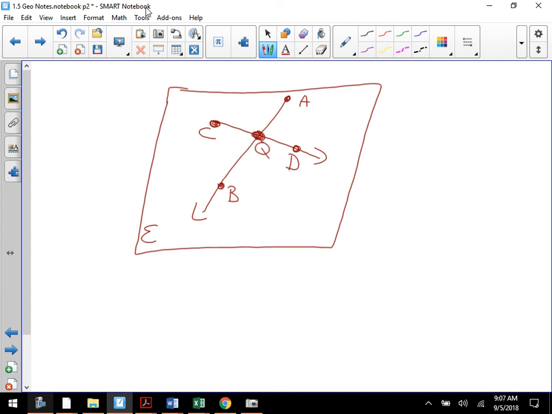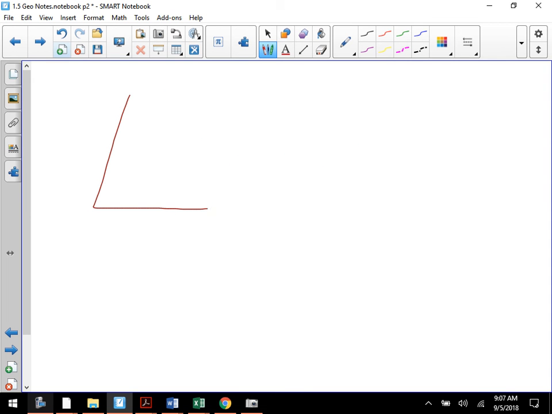Plane A and line BD intersects plane A at point P. So plane A, I think the easiest way to draw this, it says what, line BD.